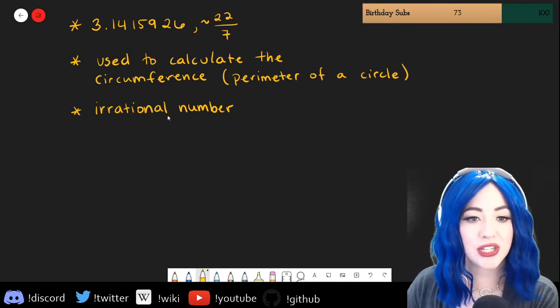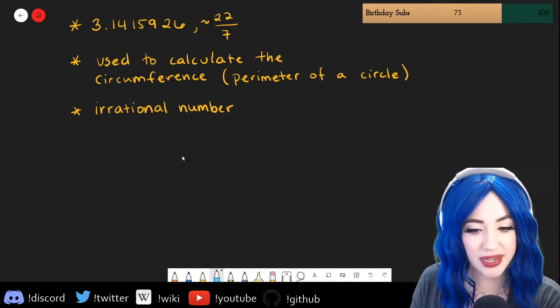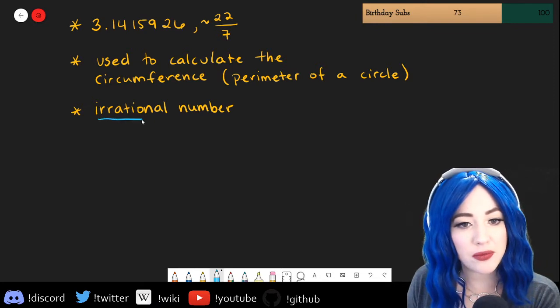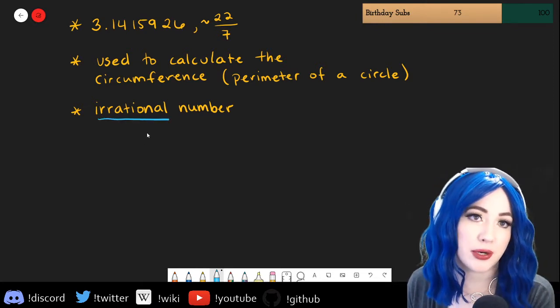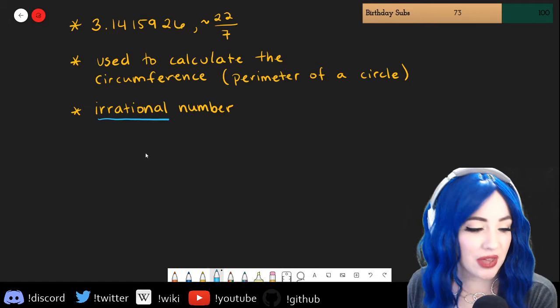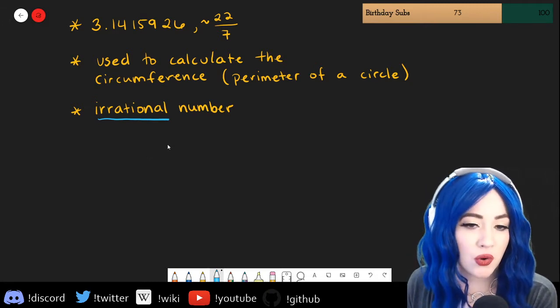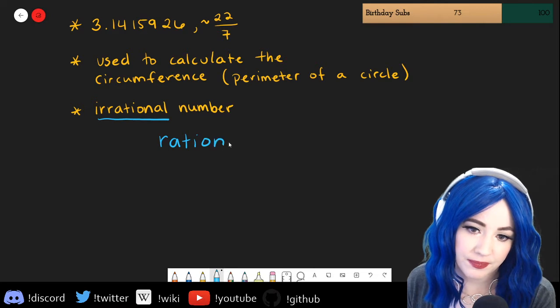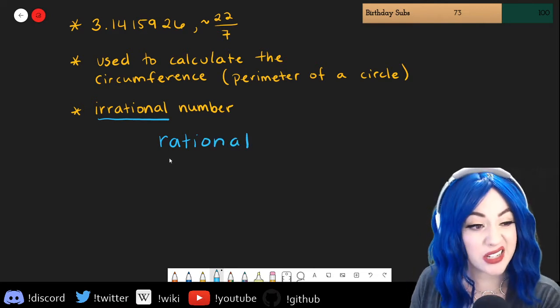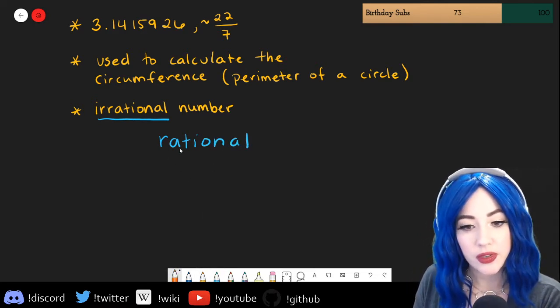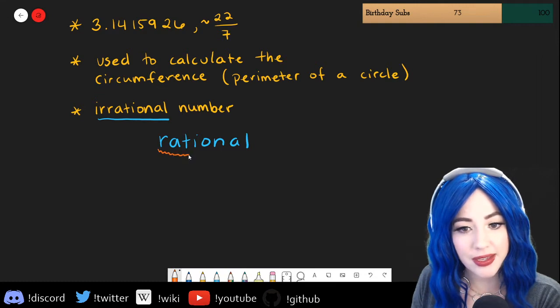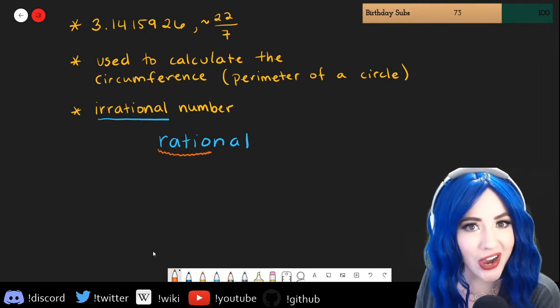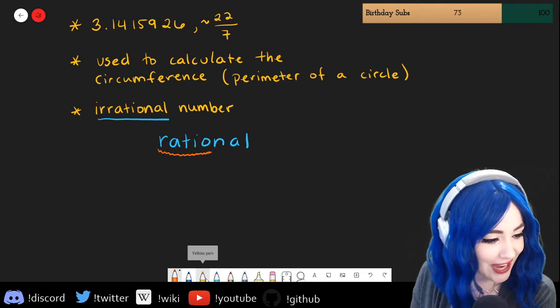Okay, so irrational numbers. Let's talk about this for a second because we haven't really talked about rational and irrational numbers on Math Monday before. So rational, before we can define irrational, we need to define rational. And I want you to look right here. There's a word at the root of rational.